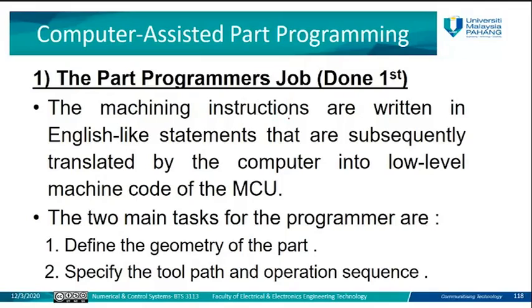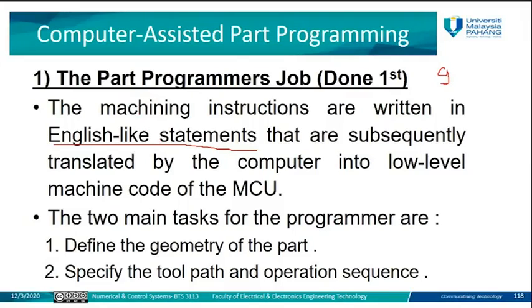The machining instructions will be written as English-like statements. As we said, they will not be the same as G code and M code. In the case of G code, we use addresses, numbers, some preparatory functions, some M codes, and so on to define miscellaneous functions. But in the case of computer-assisted part programming, the task is a little bit different.